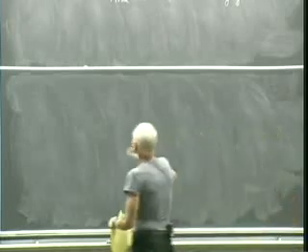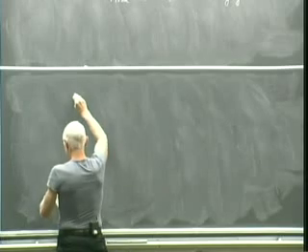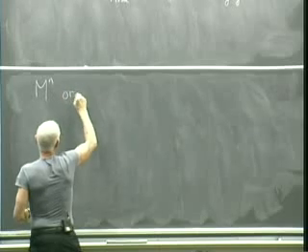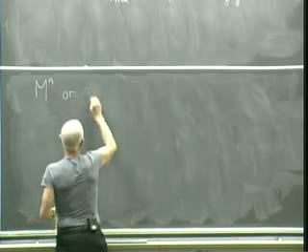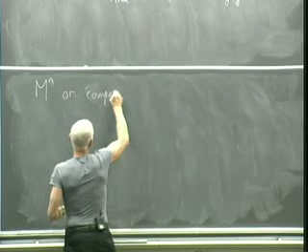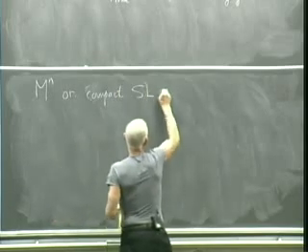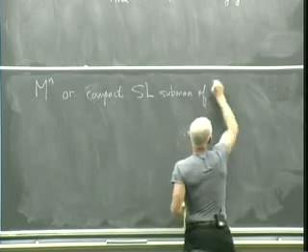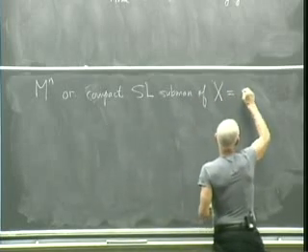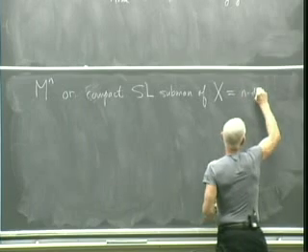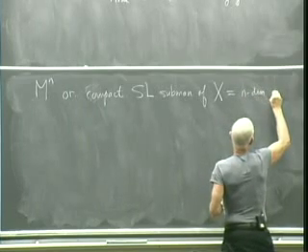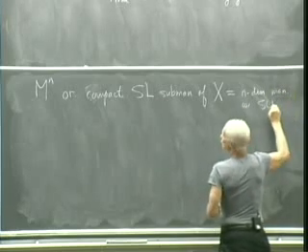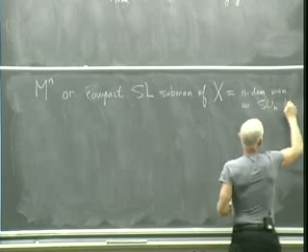So let's do the special Lagrangian case. Suppose that M^n is an oriented, compact, special Lagrangian submanifold of X, an n-dimensional Calabi-Yau manifold with SU(n) holonomy.